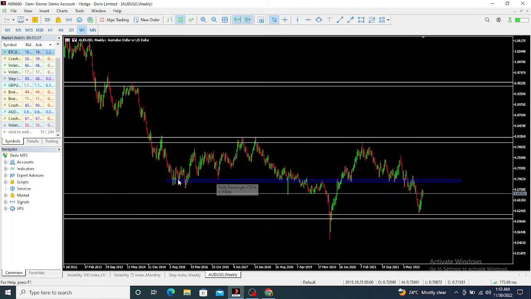This bounce here, this bounce here, this bounce here, and this bounce here. So this level is the next target level which the market will be respecting. So these are minor levels too that you should be looking at for the market.